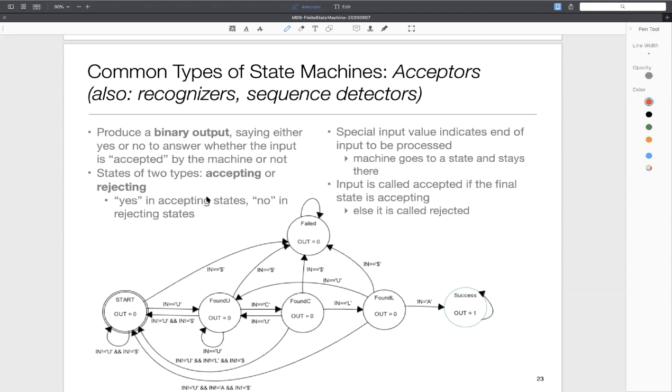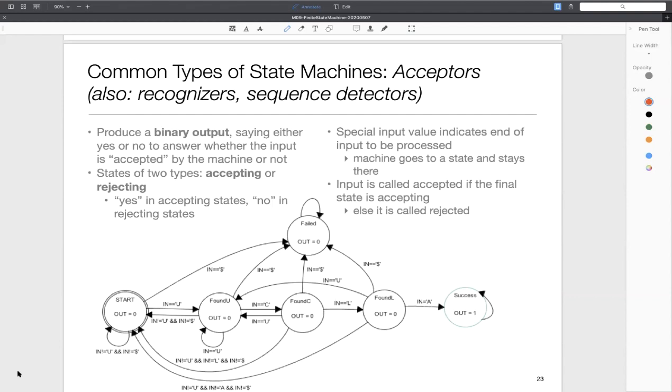And the idea is that if at any time before the dollar character appearing, the substring UCLA was observed, then the machine would end up in this state called success, and it will just stay there. So there is a self loop out here. And if we observe the dollar sign without having encountered a UCLA substring, then we would go to the failed state and stay there.